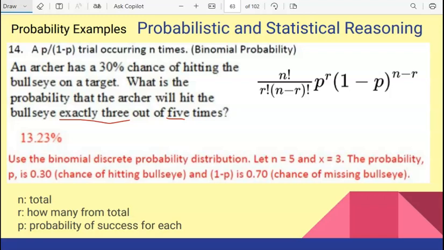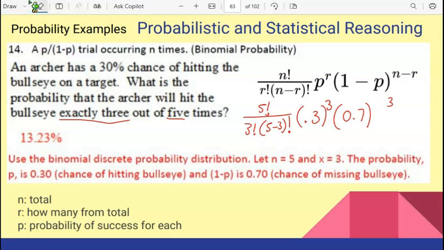We'll plug them into the formula. 5 factorial over 3 factorial, 5 minus 3 factorial, times the probability of hitting the bullseye, 0.3 to the third power, times the complement, 0.70, to the 5 minus 3 power.